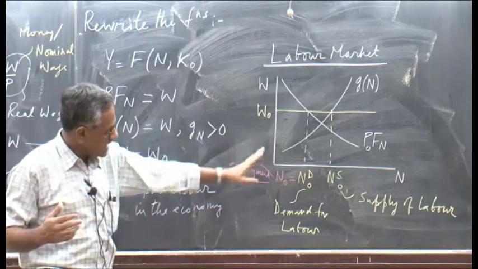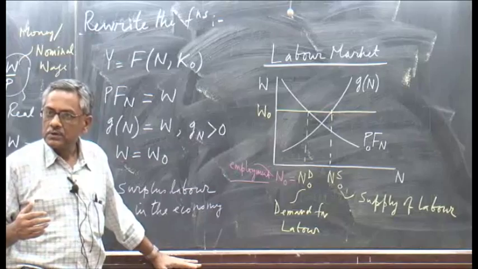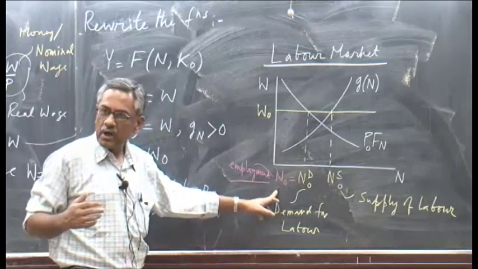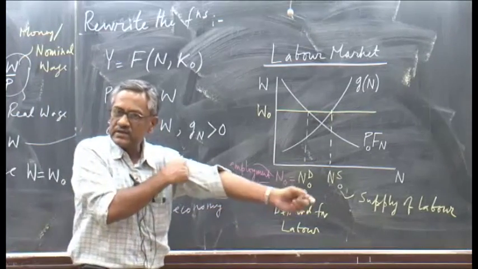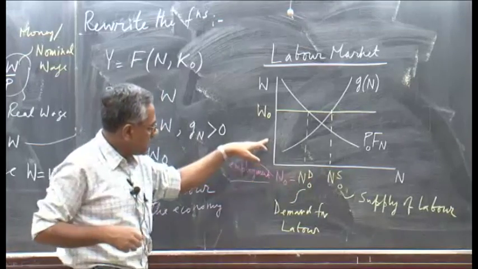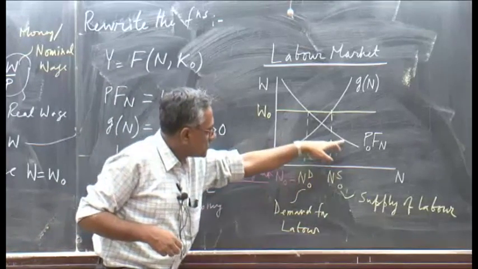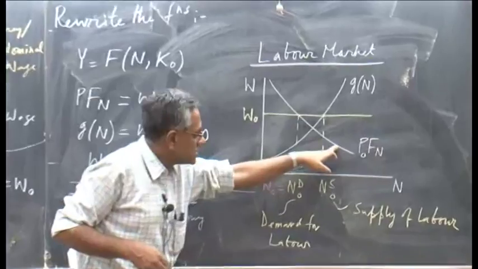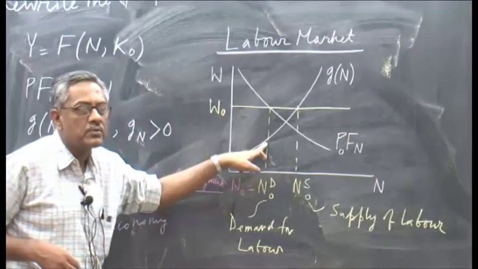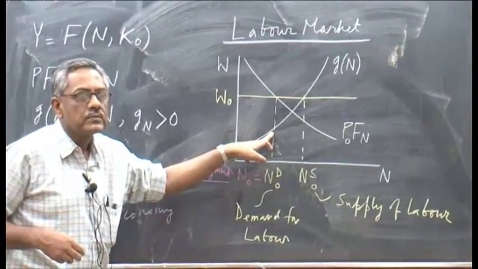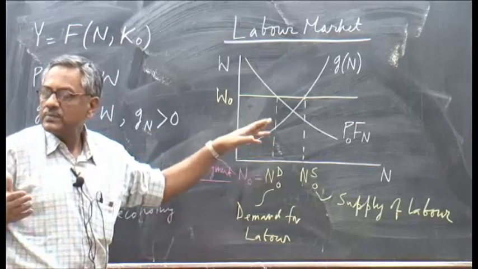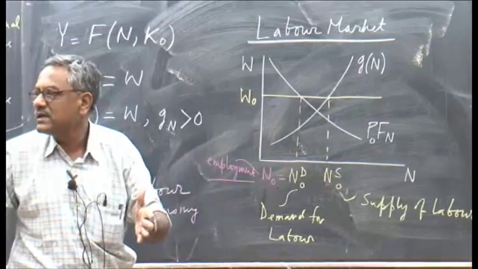Do you agree with this diagram or not? The short side of the market decides employment. I give you a mental exercise. If this wage had been fixed here, where demand is more than supply, what would have been employment? Supply, because that is the only amount that is available.